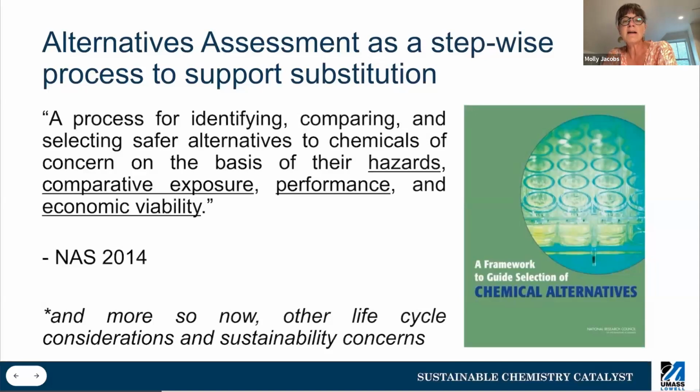And I want to emphasize that the field has since advanced over the last 9 years or so, and we're seeing other attributes as being really important in this alternatives assessment process, especially other life cycle considerations and sustainability concerns. And Joel's going to speak to this later in the presentation as well.